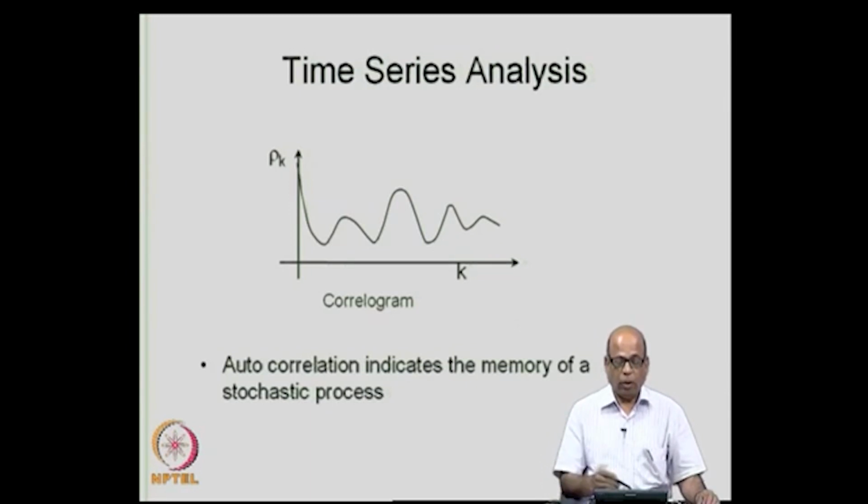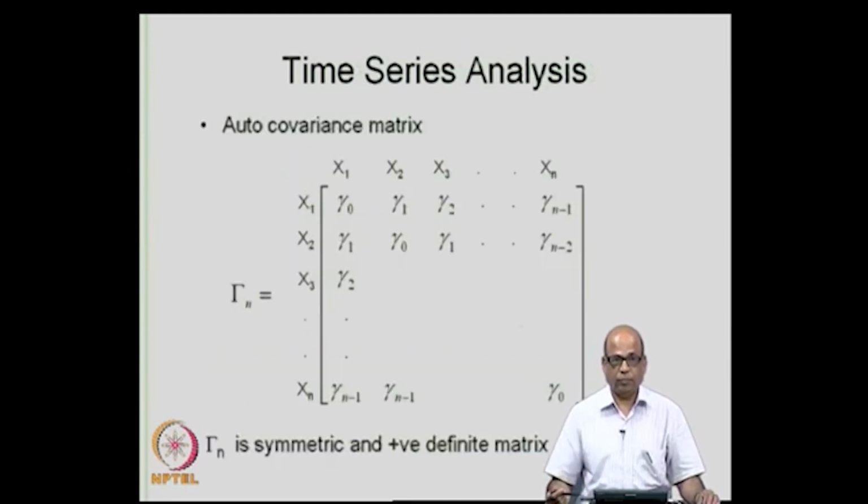So, the correlogram gives important information about the process. Whenever we are dealing with time series analysis, we first plot the time series as observed, and then the next step is to compute the correlations rho k for various lags k and plot the correlogram. The correlogram immediately gives us important information about the time series, which we will see through some examples.